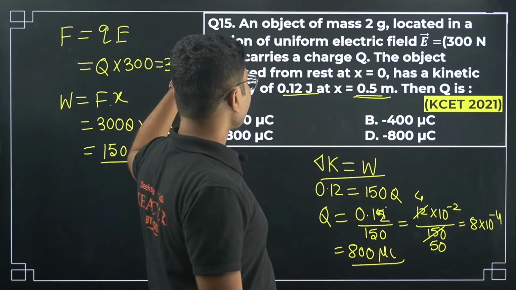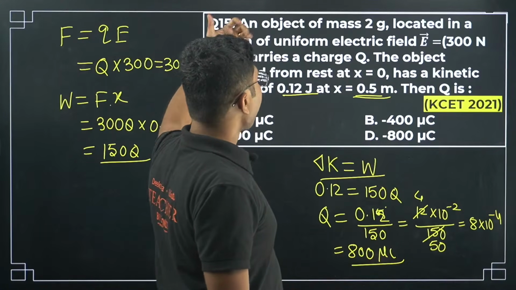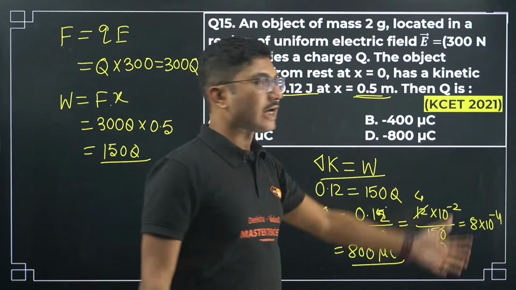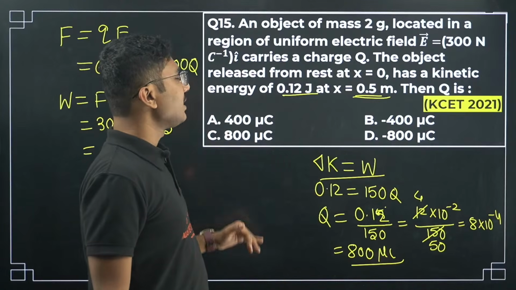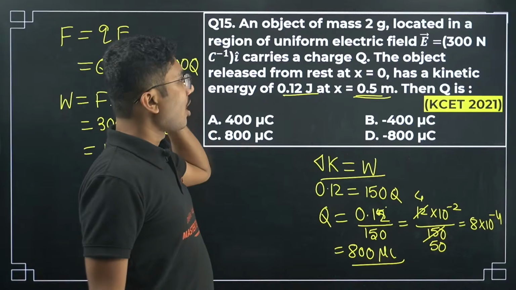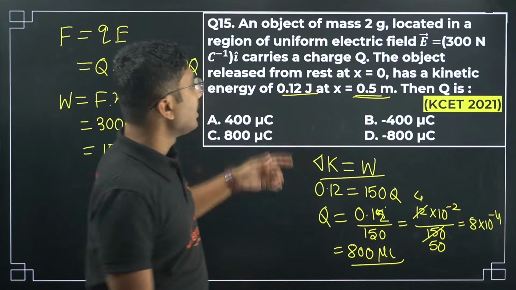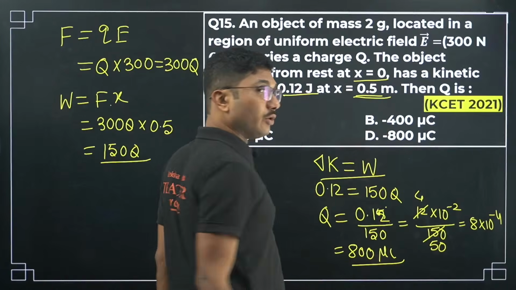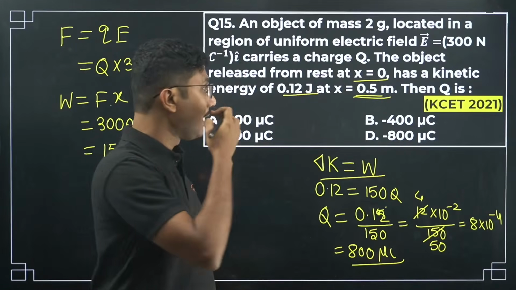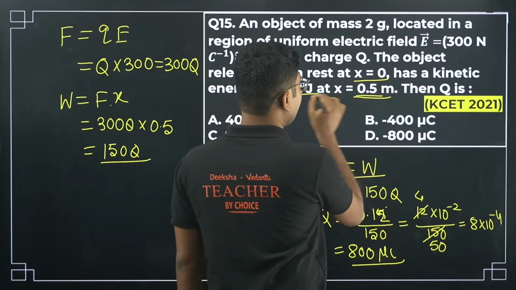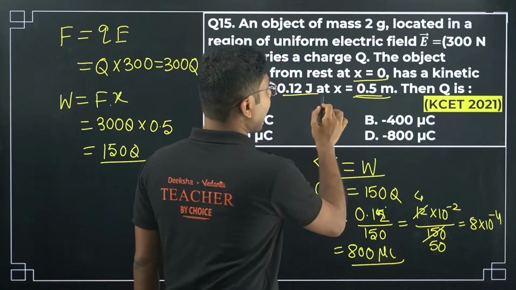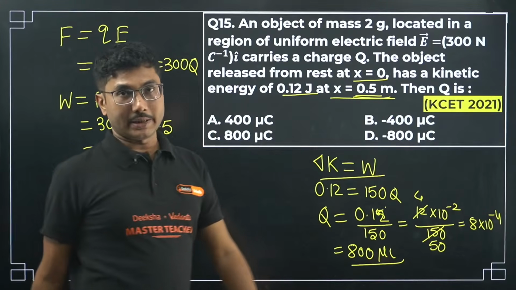So here you are releasing the charge at x equals 0, that is at the source of the electric field, and it is gaining the kinetic energy at x equals positive 0.5 meter.